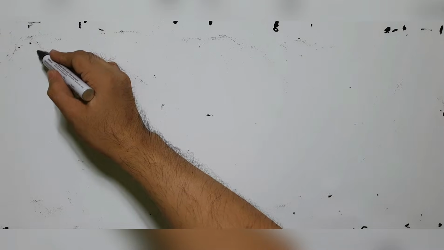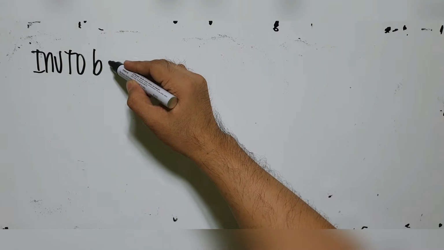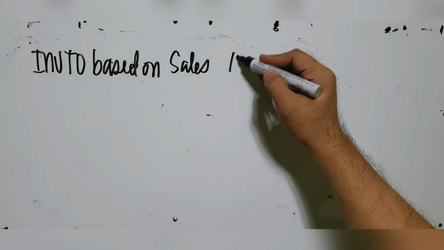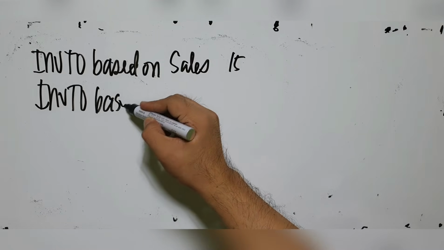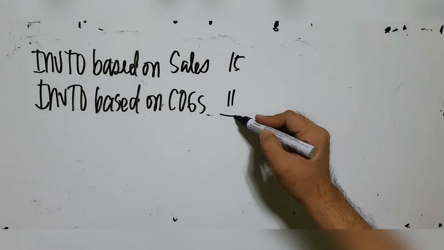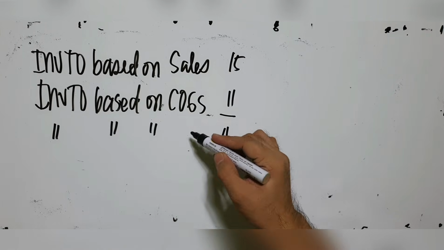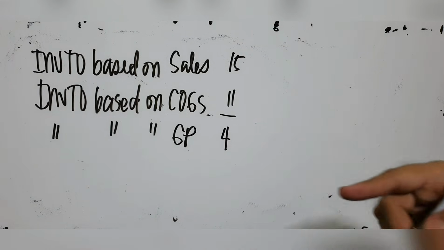Okay? So, sabi natin kanina, inventory turnover based on sales, 15. Inventory turnover based on COGS, that is 11. Kaya naman yung 4, yung inventory turnover based on gross profit. Remember, ang denominator nito ay inventory.